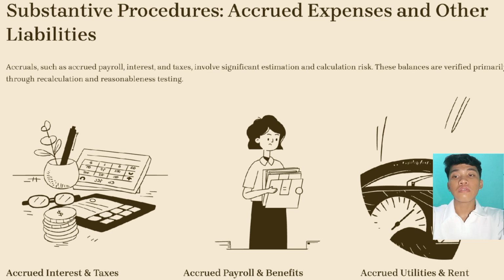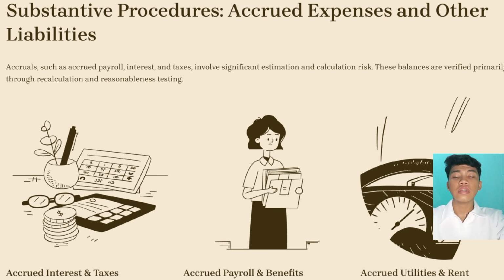Accruals, such as accrued payroll, interest, and tax, involve significant estimation and calculation risks. These balances are verified primarily through recalculation and reasonableness testing. There is accrued interest and tax, accrued payroll and benefit, and accrued utility and rent.